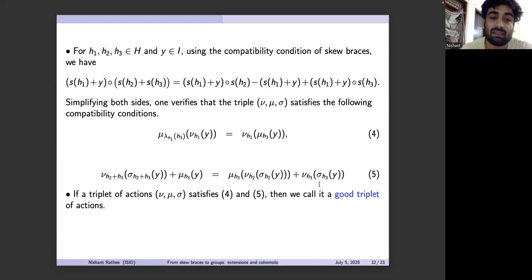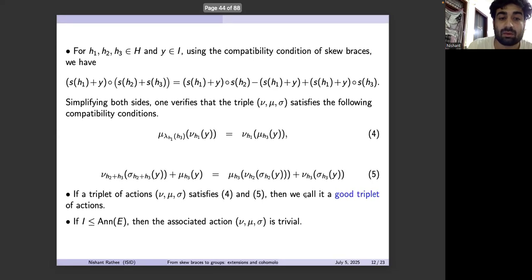So the actions corresponding to a skew brace extension always satisfy these two conditions. In general, if you have actions mu and sigma that satisfy both 4 and 5, then we call such an action a good triplet of actions.